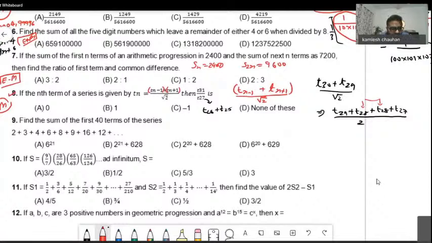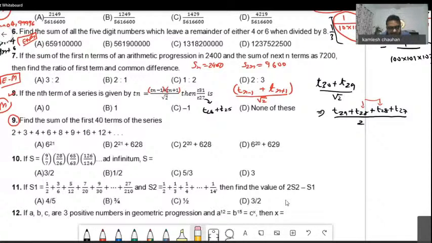Question number 9. Find the sum of first 40 terms of this series. Okay, what is this series? First of all, when we are solving this series, we have to understand कि series है क्या. Somebody ज्ञान प्रकाश बोल रहा है कि किस वाले के लिए? इस वाले में अगर देखें हम लोग तो 2 3 4 इससे समझ में आ रहा है ना.